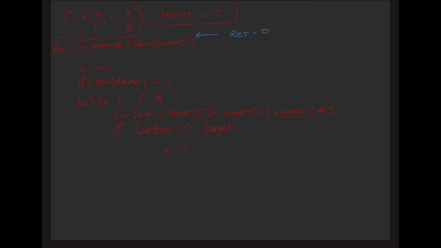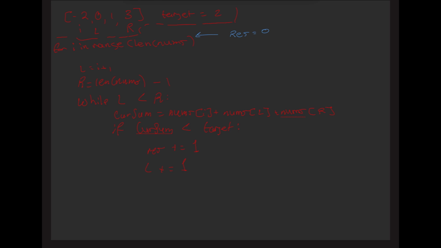So instead of just saying, hey, we found a combination, let's increment it by 1. That would be pretty cool, wouldn't it? Okay, this is turning into a mess. And we would just increment our left pointer since we found something less.